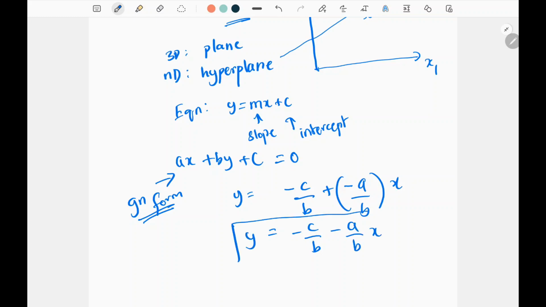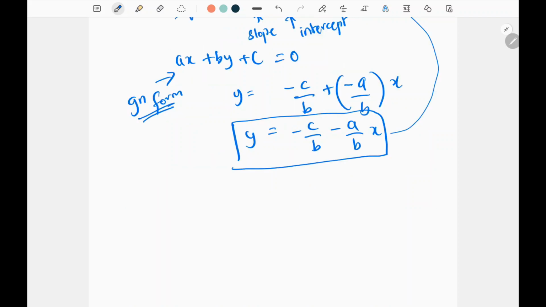This form is very similar to the slope-intercept form. Now we know this is the general form, right?